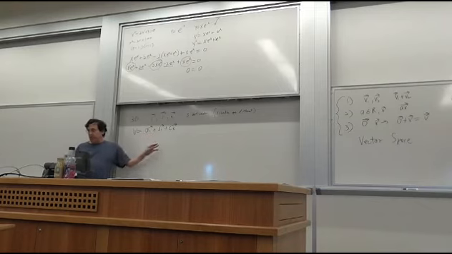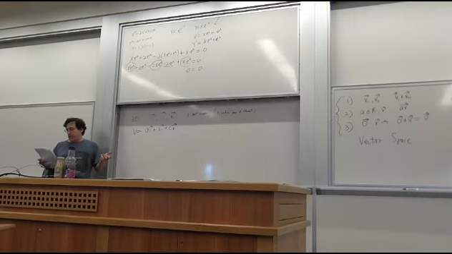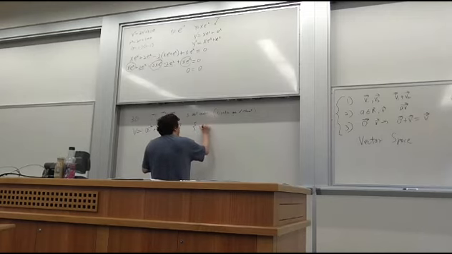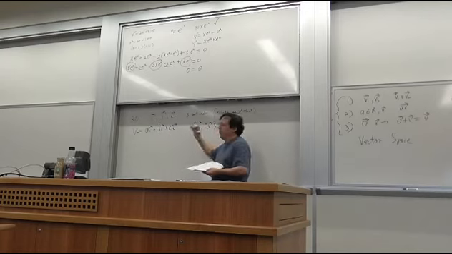This is a property of all vector spaces. That is, there's a minimal set, right? In this case, I, J, and K, for which you can generate every vector.